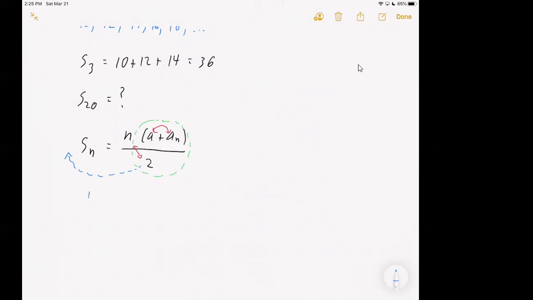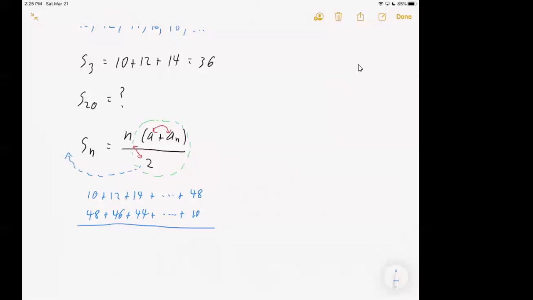oh yes, you could add the list if we're doing the numbers 10 plus 12 plus 14 all the way up to the 20th term. That would be 48. We could reverse the list, and this is what we had done in the Gauss example. And we would be going all the way down to the last number, which was 10.